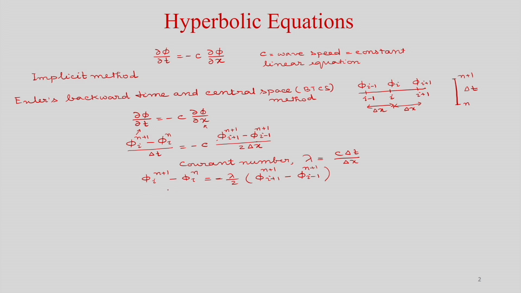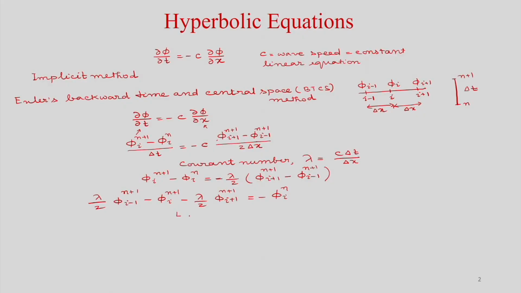Now, you take all the n plus 1 time level dependent variables to the left hand side and rearrange it, you will get lambda by 2 phi I minus 1 n plus 1 minus phi I n plus 1 minus lambda by 2 phi I plus 1 n plus 1 is equal to minus phi I n. So, for a discrete point I, we have discretized this first order wave equation and we got this linear algebraic equation.